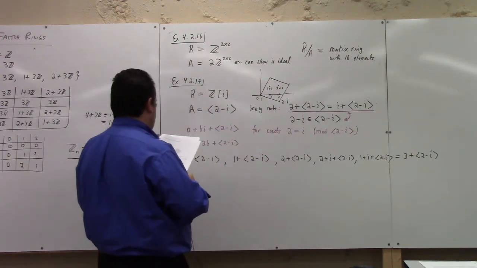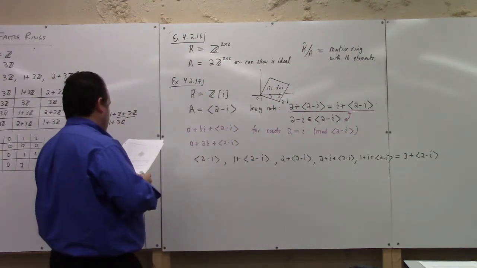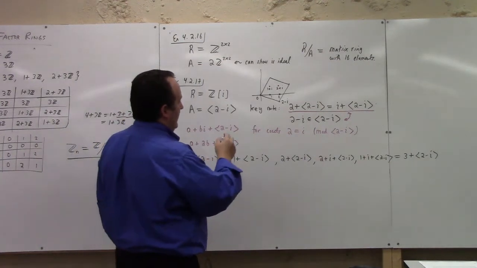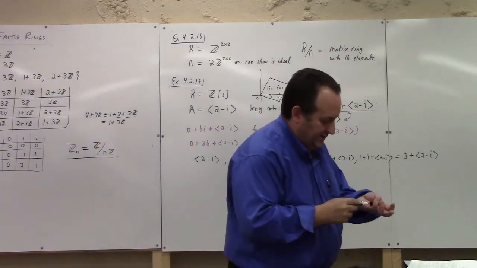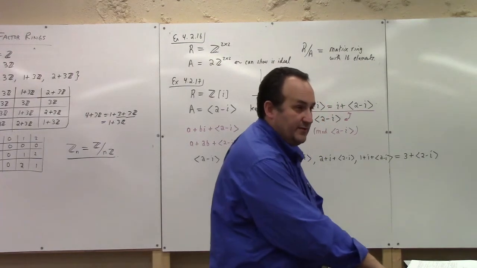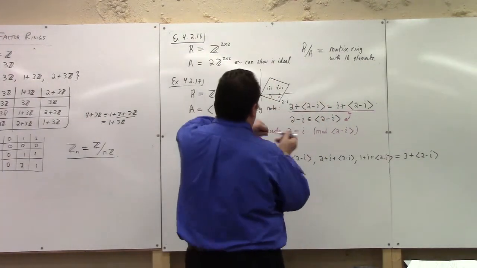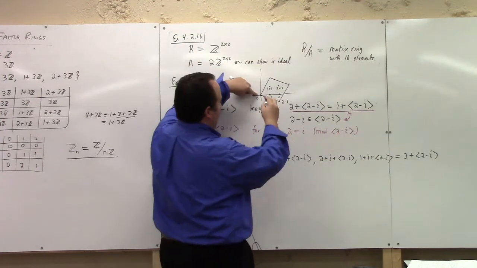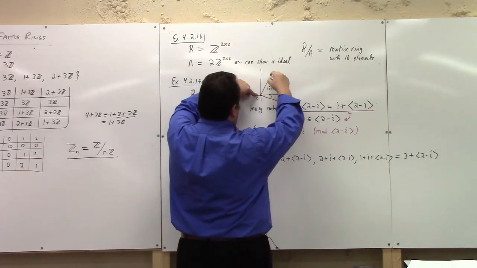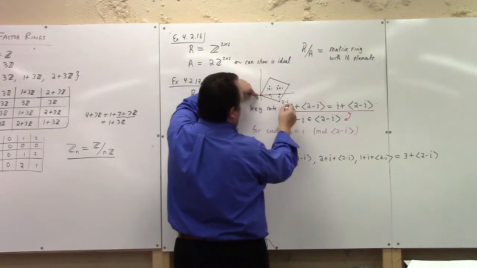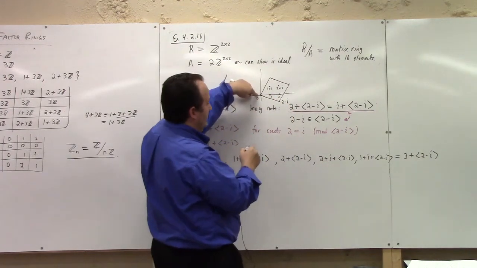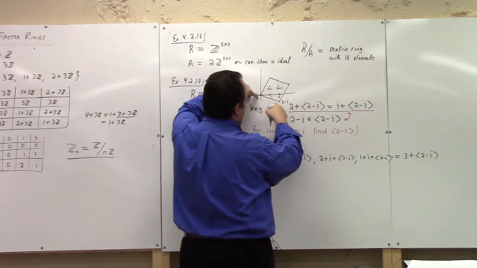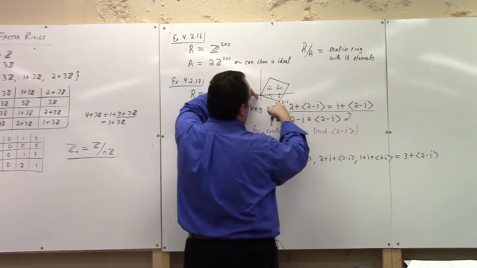I don't need to include the other things because they're already included as coset representatives. You see what I'm talking about? 2 minus i is already represented by 0, so I don't need that as a representative.